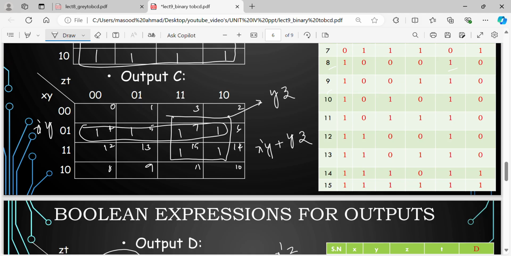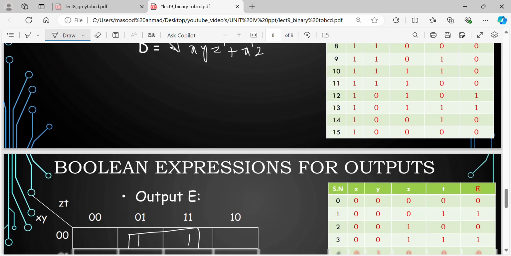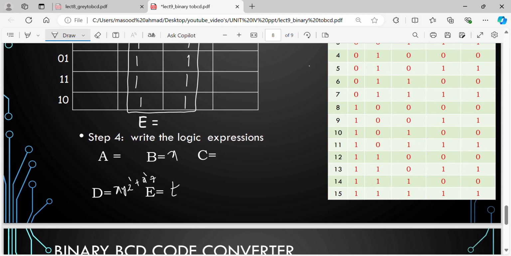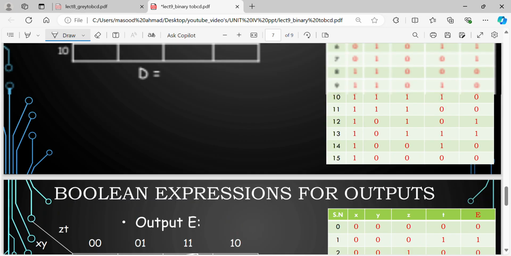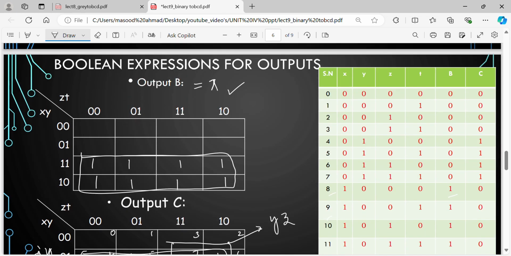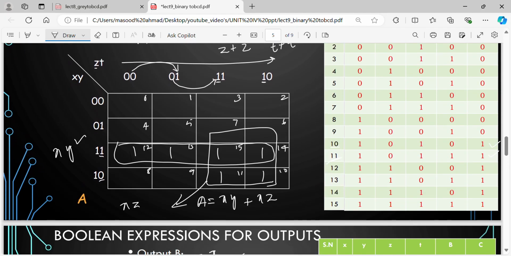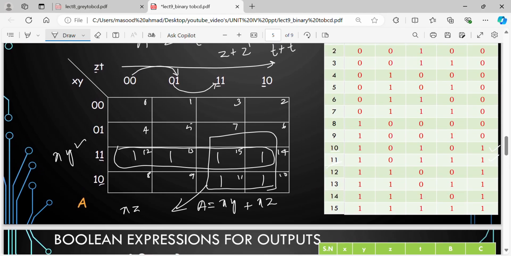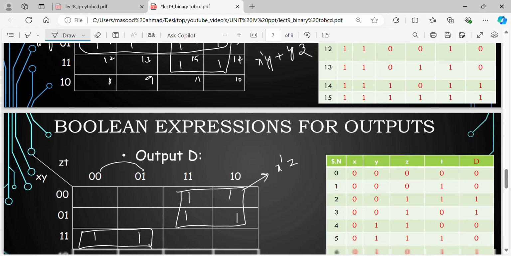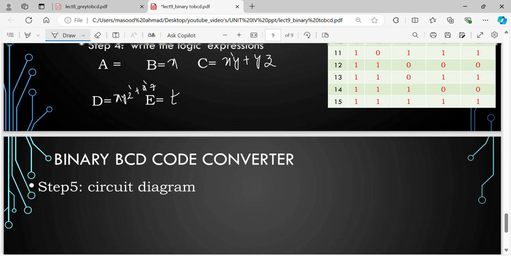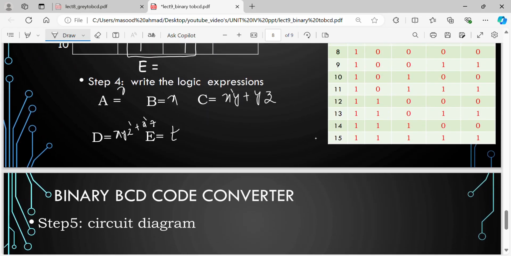C is X bar Y plus YZ. What is A? If you look back, A I got as XY plus XZ.